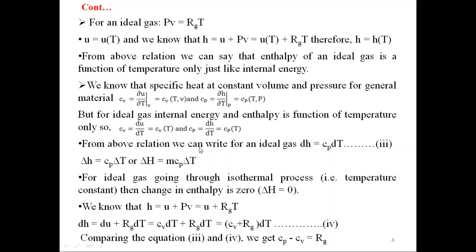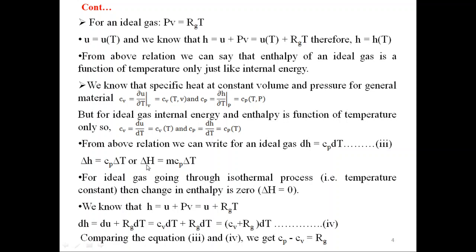From the above relation, we can write for an ideal gas, change in enthalpy is equal to Cp dT. Here dH represents a small change. The total change can be represented as uppercase delta h is equal to Cp uppercase delta T, that is the total change in temperature.